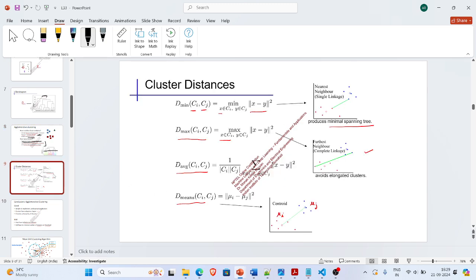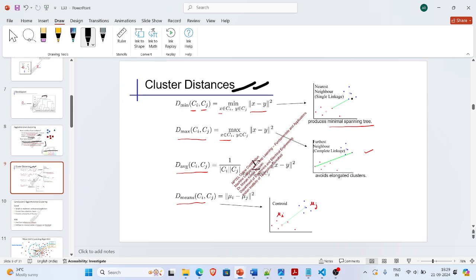Now what we are doing is focusing more on this distance or similarity criteria. Cluster based on the minimum distance. What does it mean?